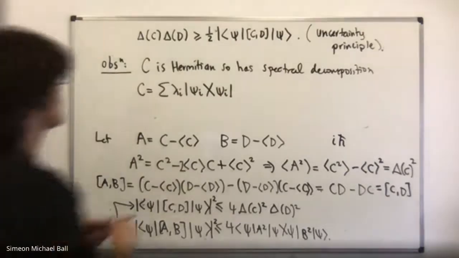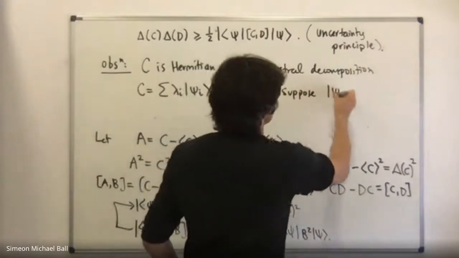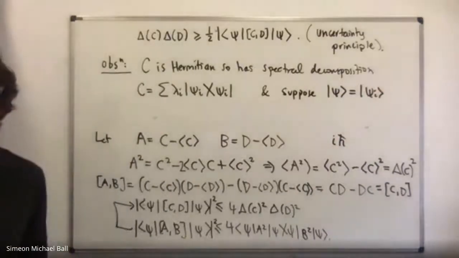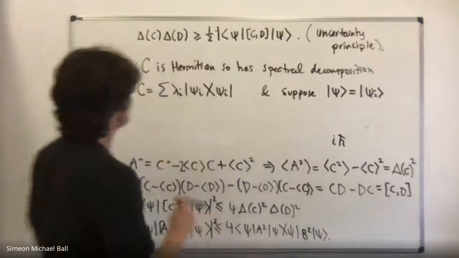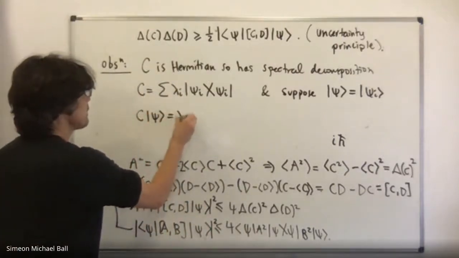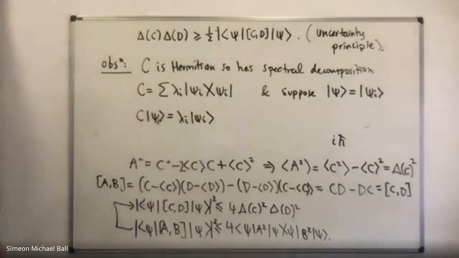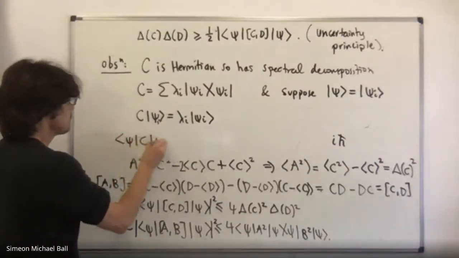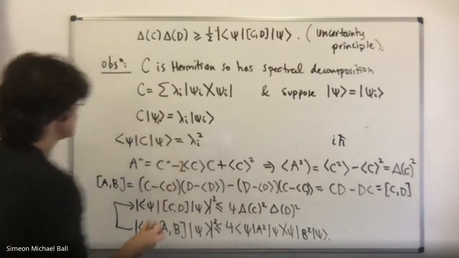And let's suppose our psi is one of the eigenvectors of this C. So C times psi is in fact just lambda I psi I. And so our size is lambda I squared.